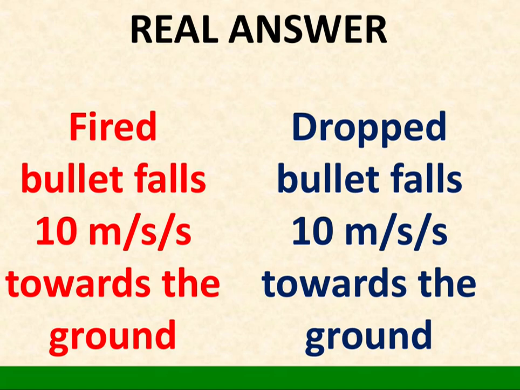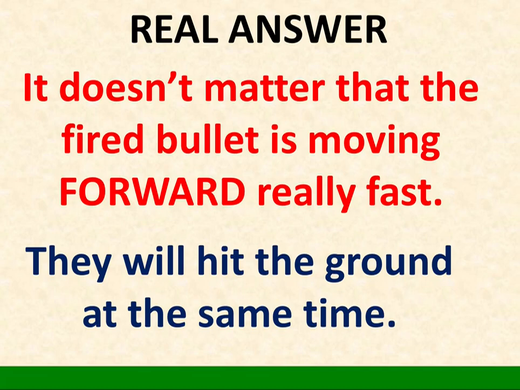Notice that in the y dimension, or vertical direction, both objects are doing the exact same thing. So it shouldn't surprise you that they will actually reach the ground at the exact same time. It doesn't matter that the fired bullet is moving forward really fast.